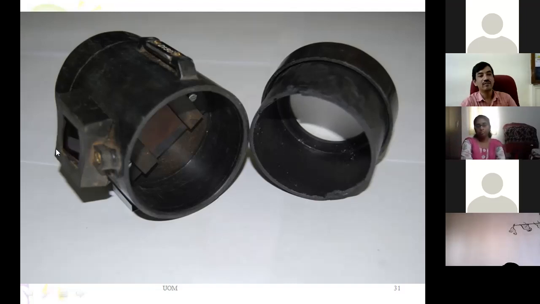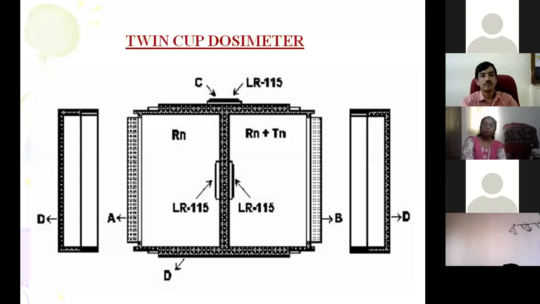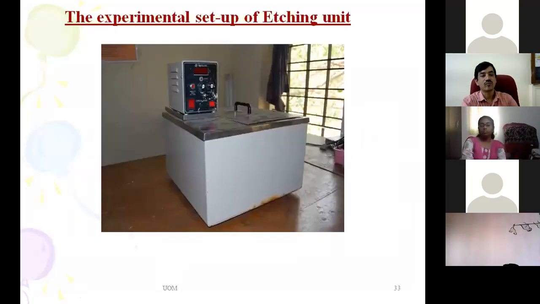That means here we'll find more tracks, say 400 tracks per centimeter square. Here we'll say 300 tracks per centimeter square. Here in this chamber we may find 100 tracks per centimeter square, like that. This is the schematic diagram.